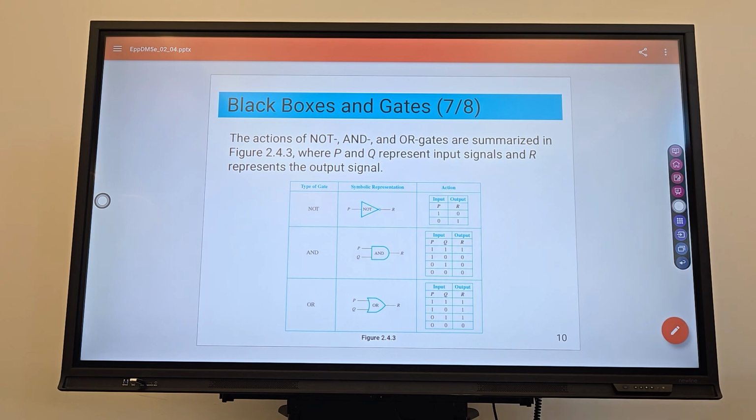For those of you who have had digital logic, this is old news for you, but they are the same tables as the not, and, or of the logic operators that we've been using thus far.